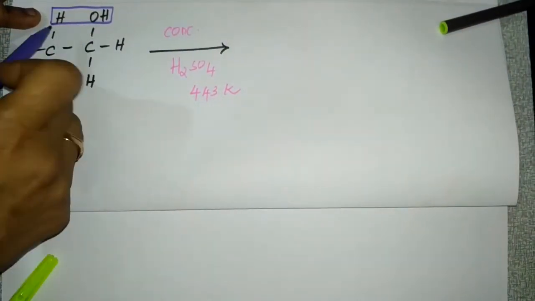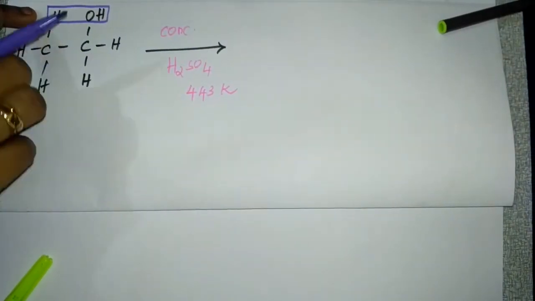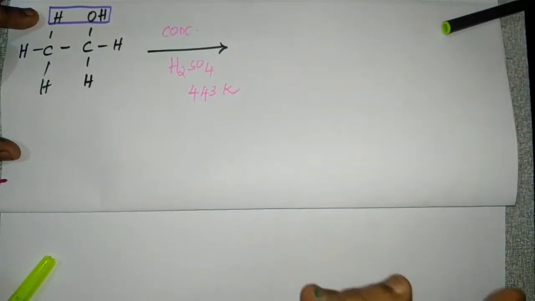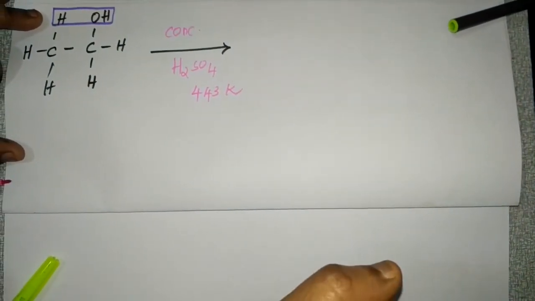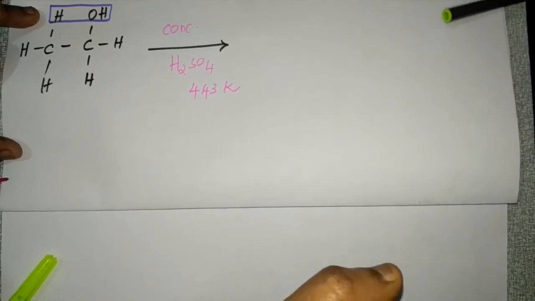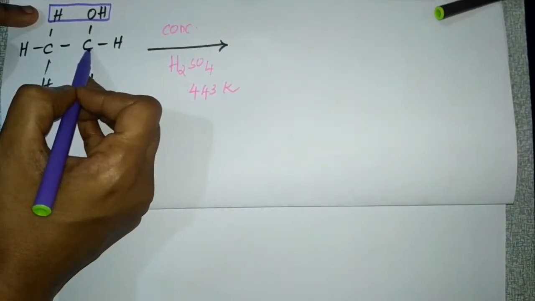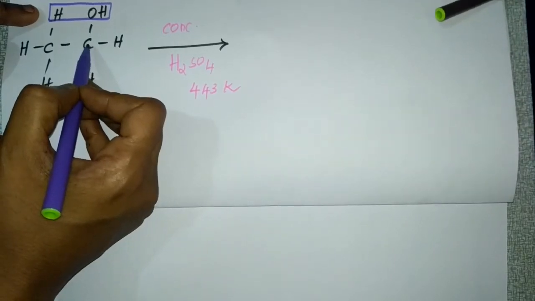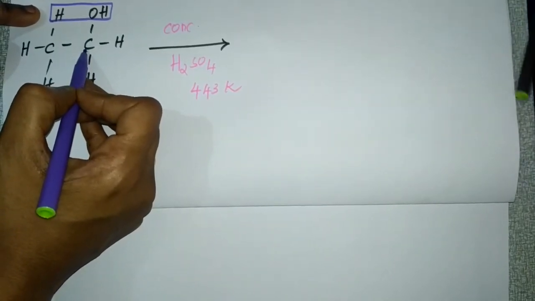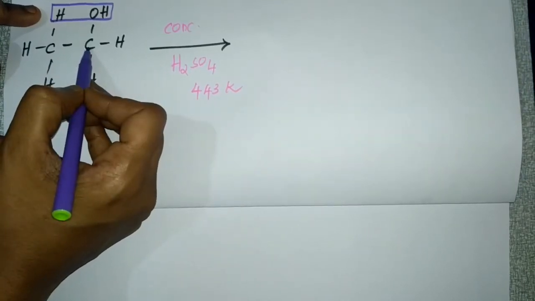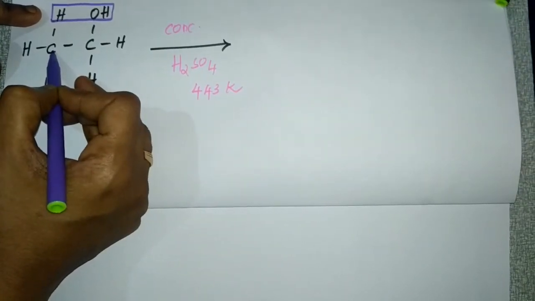One important point is from where the carbon will take the electrons for the double bond. You know very well we had learnt beta elimination in haloalkanes. Here this is the alpha carbon atom, because it is attached to the OH group, and this one is the beta carbon atom.